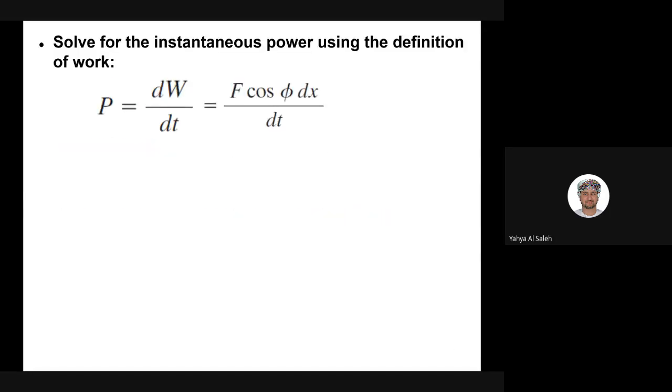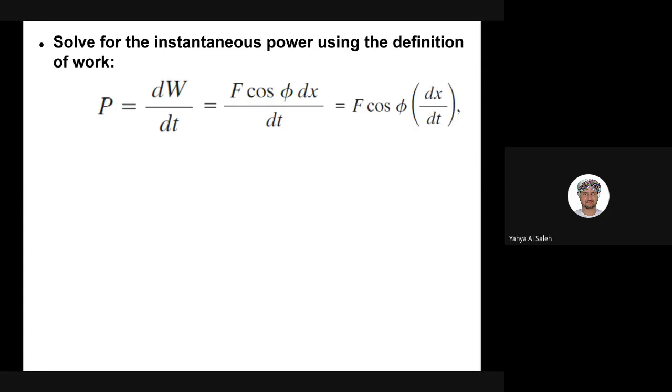How do we solve for instantaneous power using the definition of work? Well, power is dW by dt. We know work is F cosine theta dx, so that's just F cosine theta dx by dt. F and cosine theta are constants, we take them out.